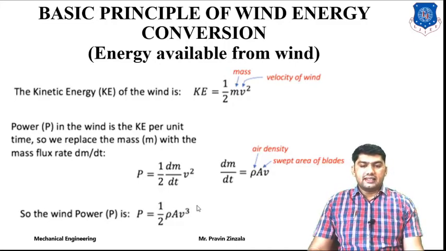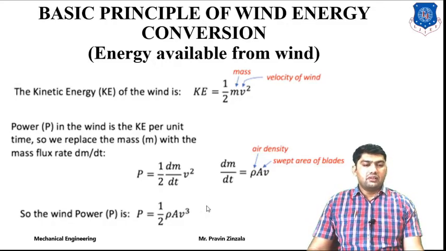So power is directly proportional to density, directly proportional to area, and directly proportional to velocity cube. From this equation, maximum power can be obtained through velocity.